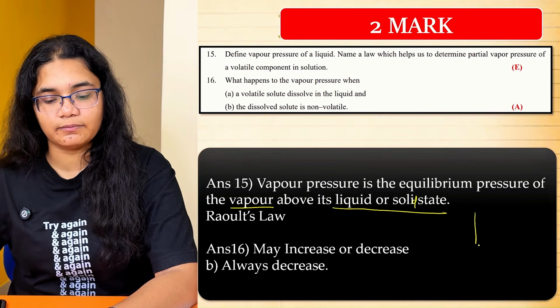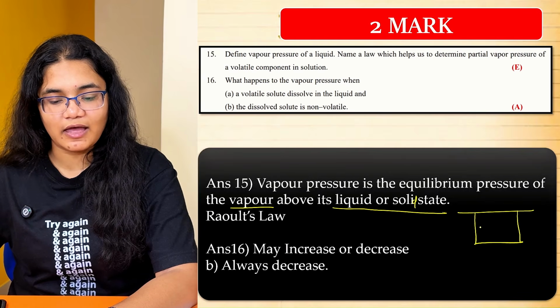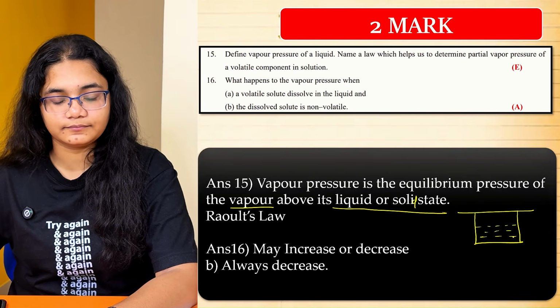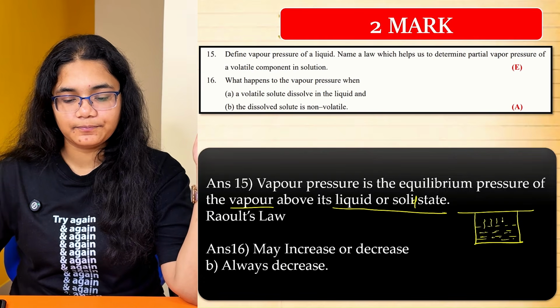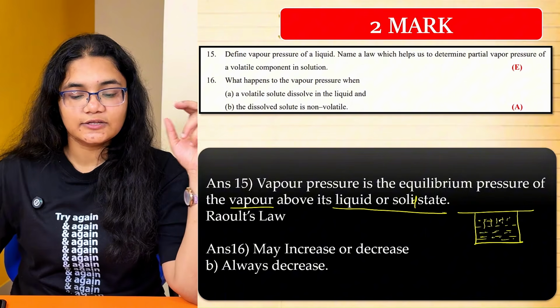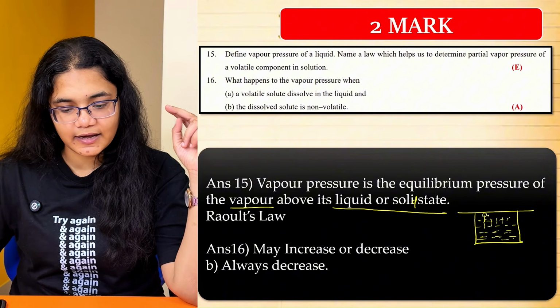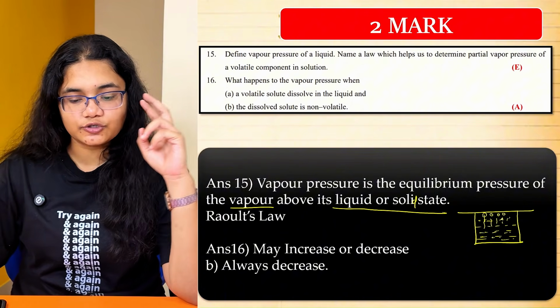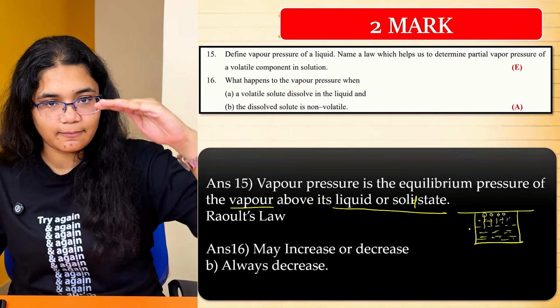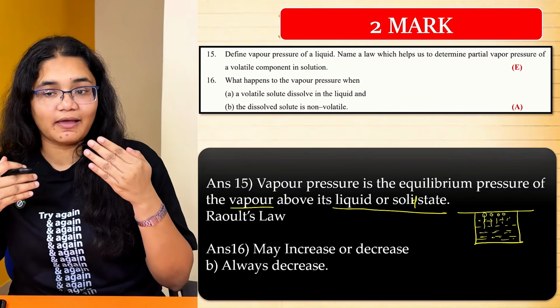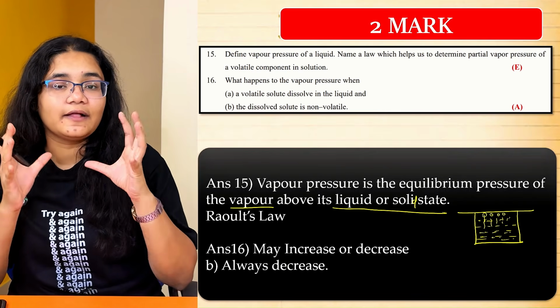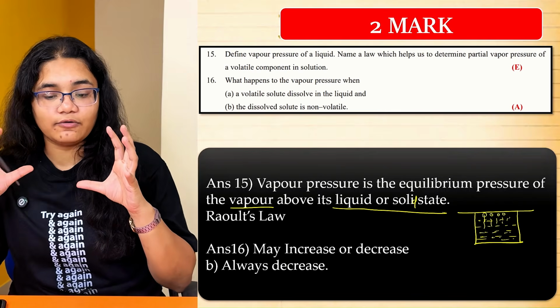Now let me explain vapor pressure once again. See, if you have a closed container with some liquid, it will evaporate and create vapors, right? These vapors will hit the container and then condense. So there are two processes happening, evaporation and condensation. The point at which the rate of evaporation and the rate of condensation are equal is called the point of equilibrium.